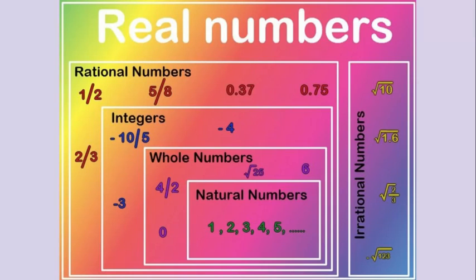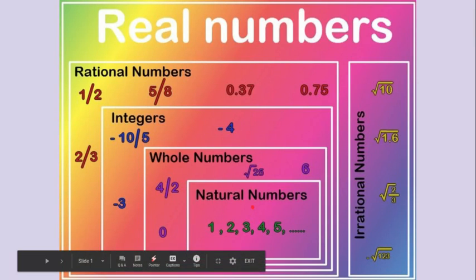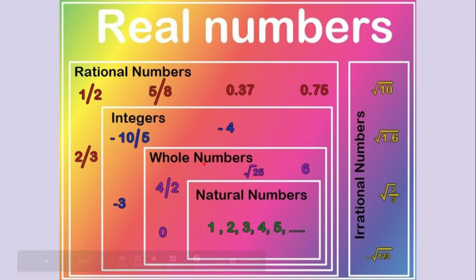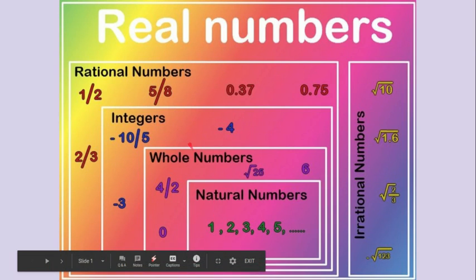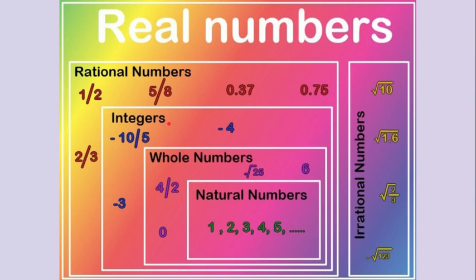Also included in your set of rational numbers are integers. Now, if you notice, the rectangle labeled natural numbers and the rectangle labeled whole numbers is included inside the rectangle of integers. Therefore, natural numbers and whole numbers are also integers. Your integers are your set of whole numbers, and don't forget, natural numbers are also whole numbers, and their opposites.